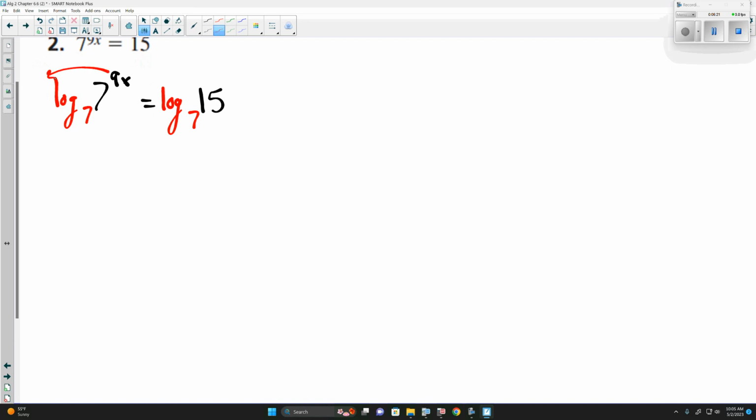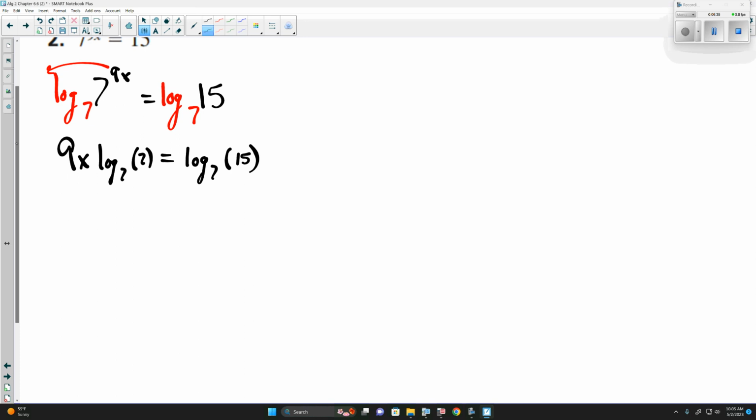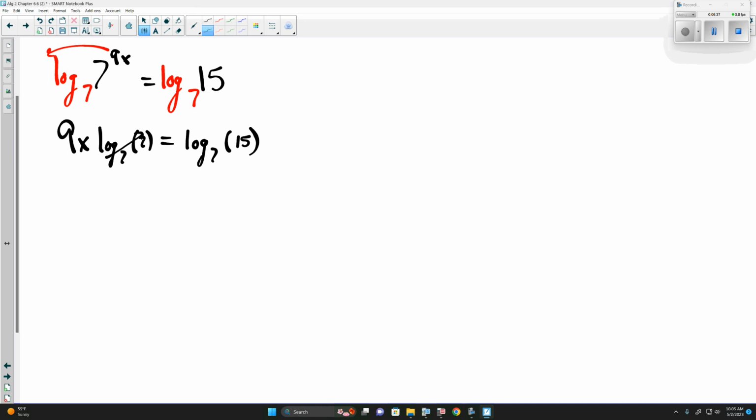Now, the 9x will move to the front, telling us that we have 9x times log base 7 of 7 is equal to log base 7 of 15. Log base 7 of 7 will reduce to 1, leaving us with just 9x is equal to log base 7 of 15.